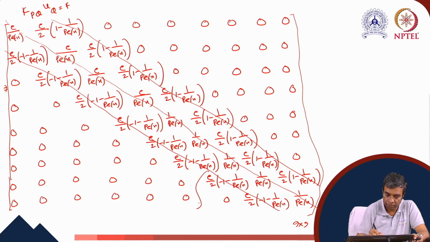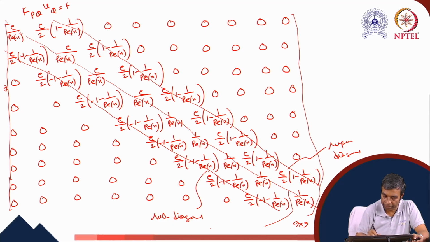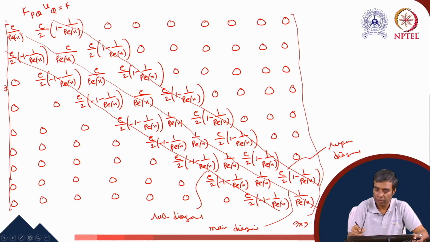So we have sub diagonal, we have super diagonal, and we have here the main diagonal.